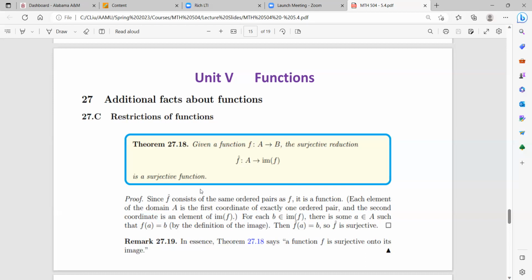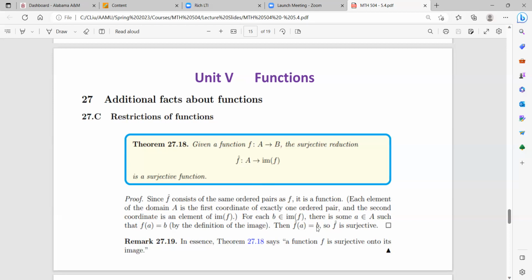And then we need to show it's a surjective function. So you just pick any element b from the image of f, the codomain of the new function. By definition, the image of f means the set of all the images of elements of set A. So any element in this image must have a pre-image in set A. So there is some element a in set A such that f(a) equals b, from the definition of the image.